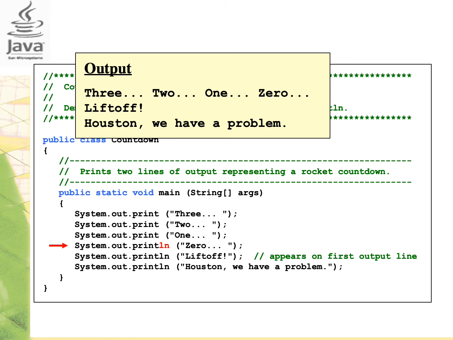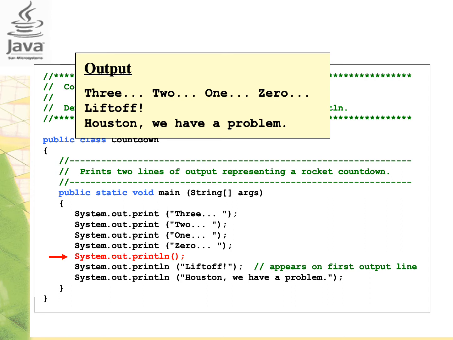There are several ways to do it. A simple one could be changing the 0 to use the println method instead of print. So as shown over here, we have System.out.print 1 and then System.out.println 0. Another way of doing it, we can also add a println method in between print 0 and println Lift off, where it will put the cursor at the next line once it has displayed the 0.